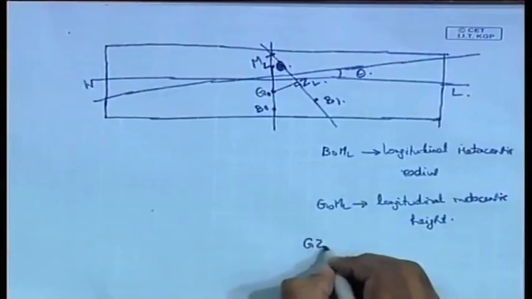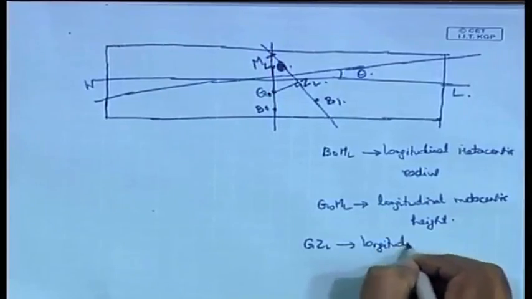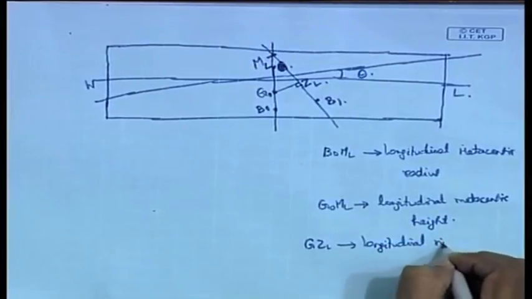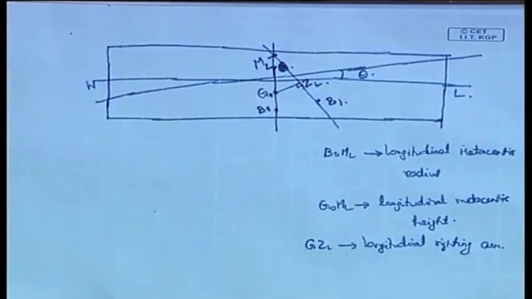In the same way, when the ship trims, a restoring arm is produced again, a longitudinal restoring arm, that is GZL. So, GZL will represent the longitudinal righting arm.